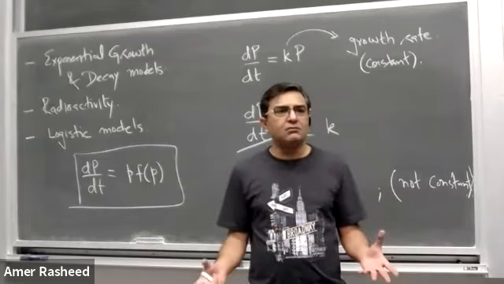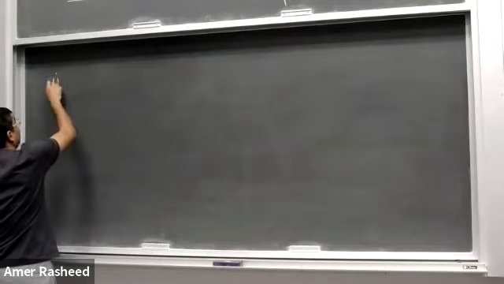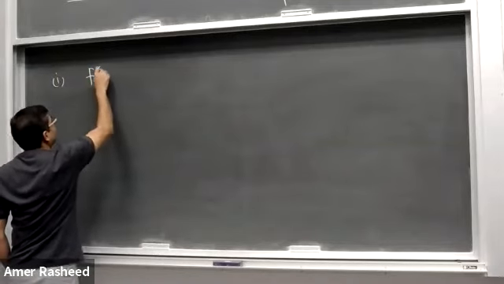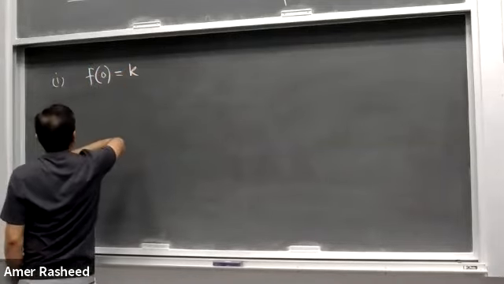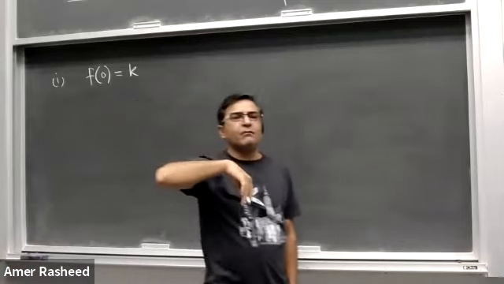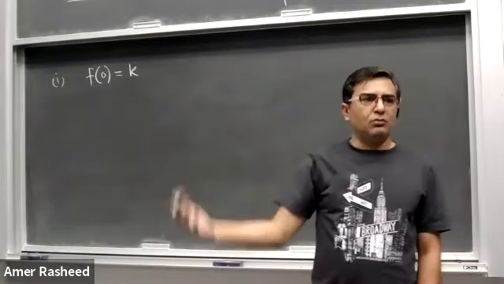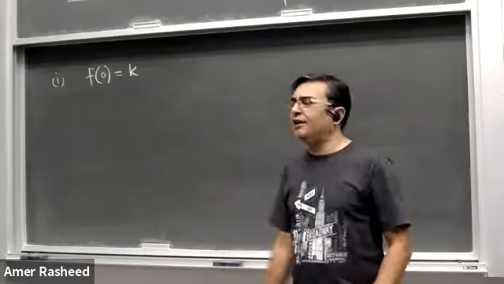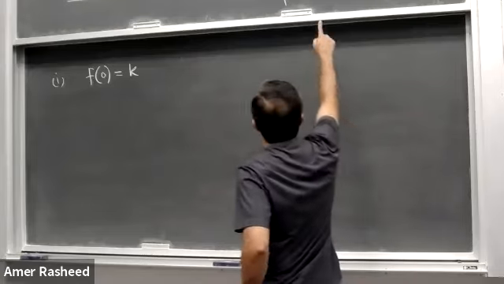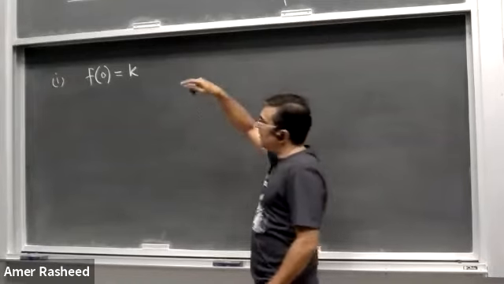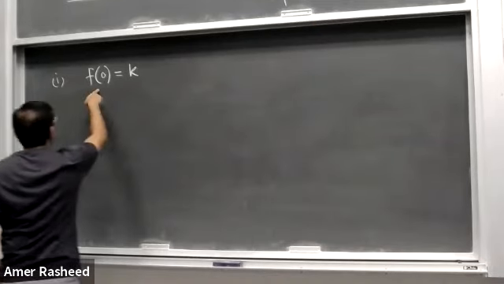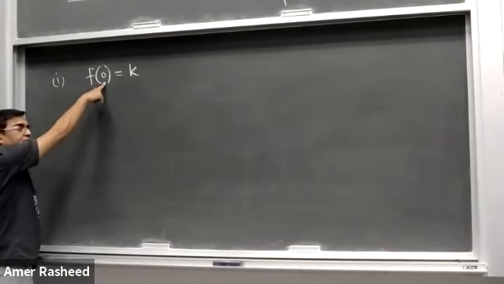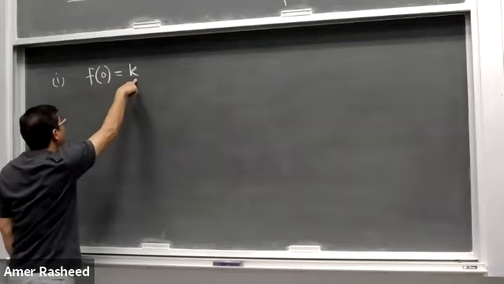Means we can have f(0) equal to k, the growth rate at the start.